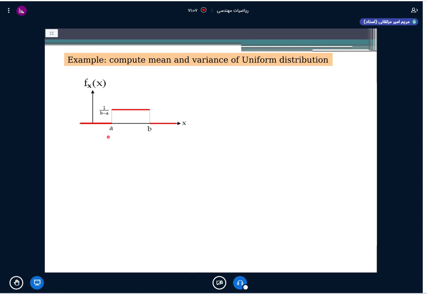Here we have a distribution. Do you remember what's the name of this distribution? PDF function of a random variable x is such this. What is this distribution?